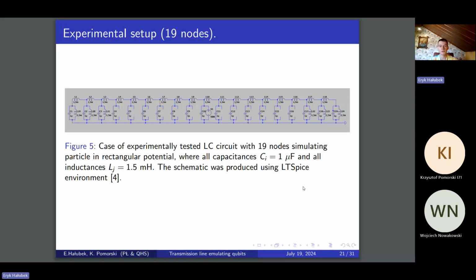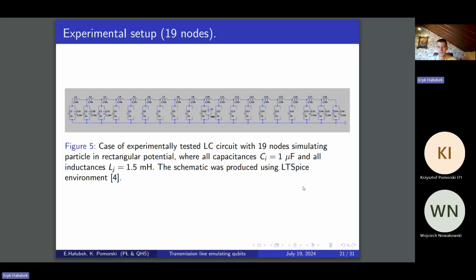Now, we'll discuss the experimental setup of a circuit that we prepared. And so here we can see a circuit diagram that was created using the anti-spice environment.